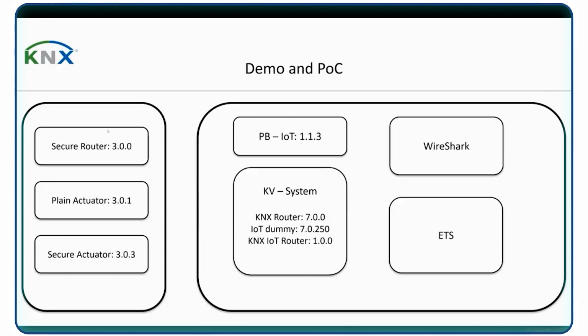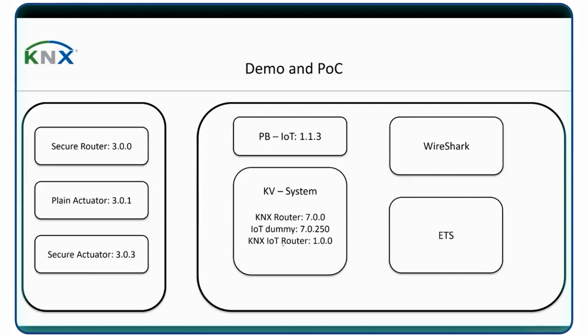The 3 most important devices that are part of this demo are the secure router, again a physical one, just to be clear on that, which will make sure that there is indeed the transport security applied. So it makes sure that we have indeed a secure IP backbone. Then there's the plain actuator, with this specific address here, 3.0.1, and then there's a secure actuator with another address, of course, 3.0.3.